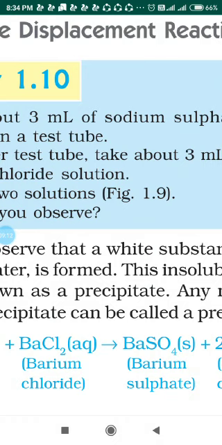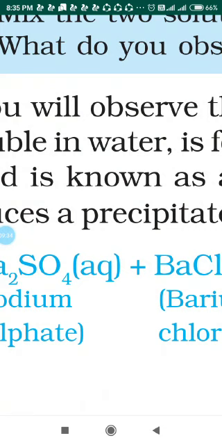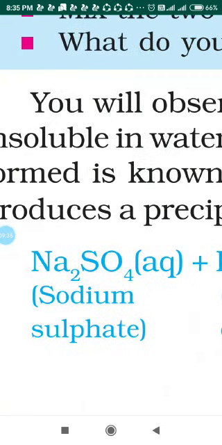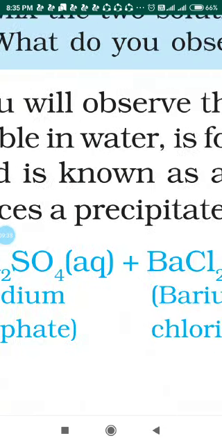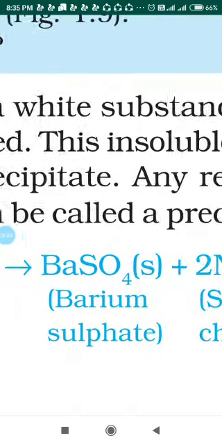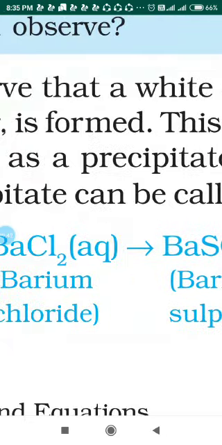In this reaction, displacement takes place two times. During double displacement reaction, the chemicals taking part in the reaction exchange their negative ions to form two new chemicals.